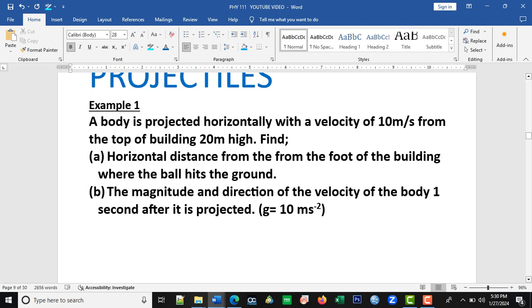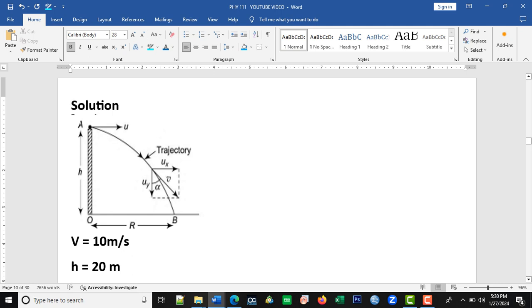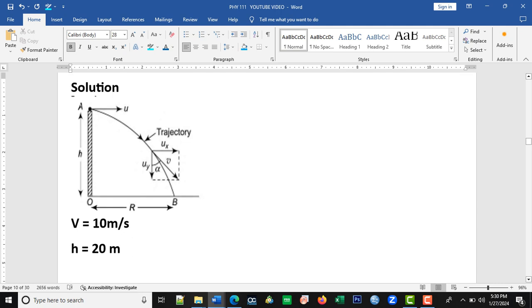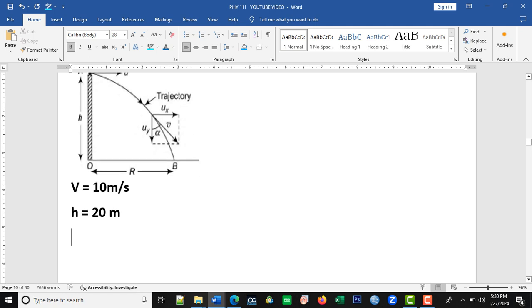We are asked to find the horizontal distance from the foot of the building where the ball hits the ground again. Looking at the figure, the horizontal distance is the range, the distance from the point of projection to where the projectile gets to the ground again. So the range R is equal to u times t.